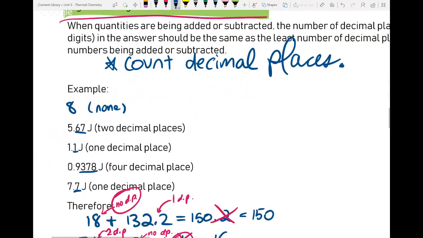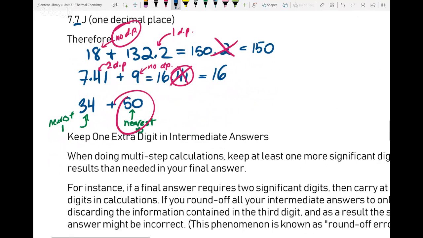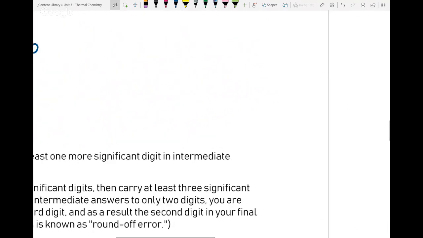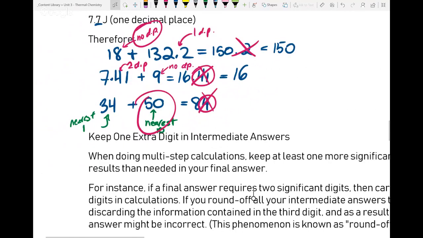Whoa, that was crazy. So when we add this on our calculator, it's going to tell us 84. But we know that since we didn't measure the 1's column in 50, this 1's column can't be meaningful, because this could have been as low as 46, or 45 even, and could have been as high as 54. So we can't trust that 1's column in the answer, and this would just be 80.